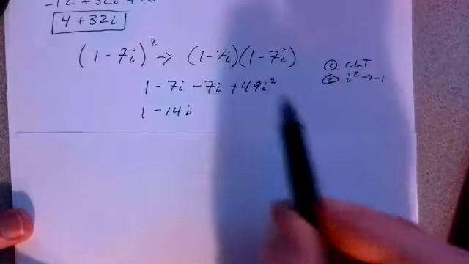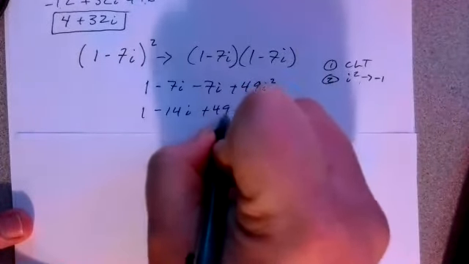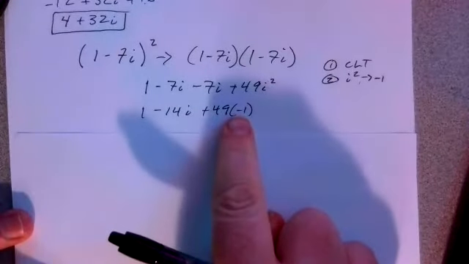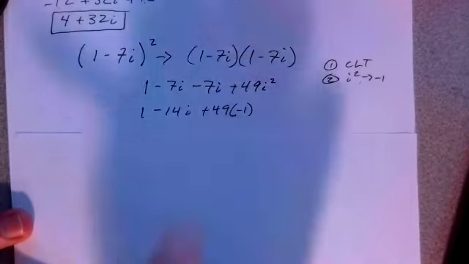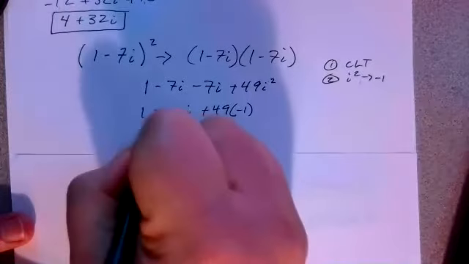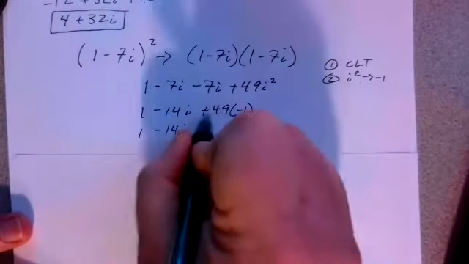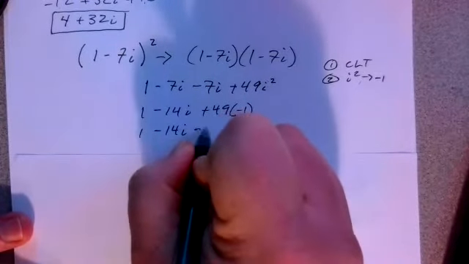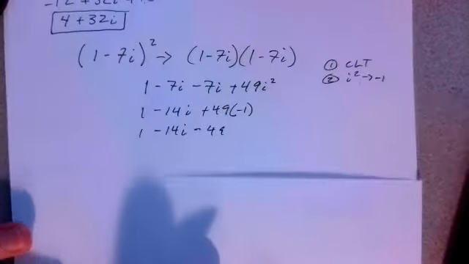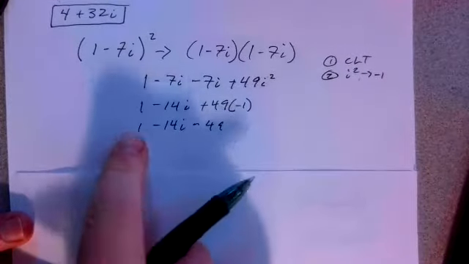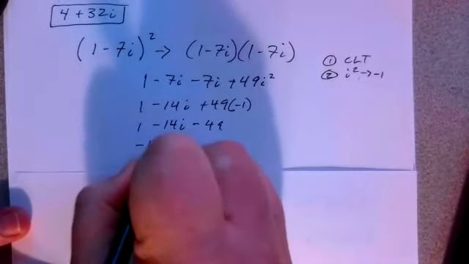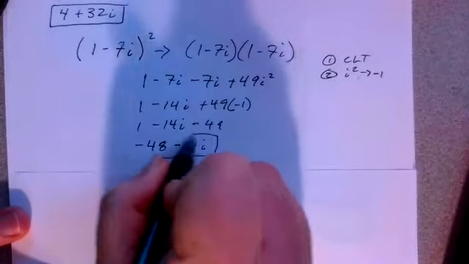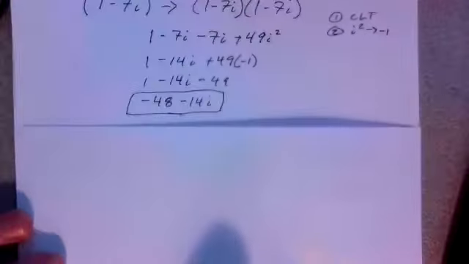The second thing I want to do is get that i squared, so plus 49 times negative 1. I switched i squared to negative 1. Now I'm just going to multiply: positive 49 times a negative 1 is a negative 49. Negative 49 and a positive 1 gives me a negative 48 minus 14i. And that is as far as I can take it.